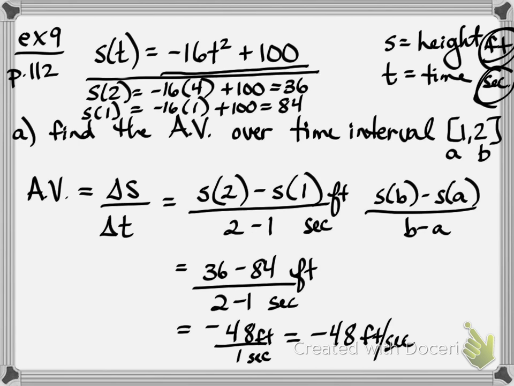What does that mean? That negative describes its movement. It's either going down or it's going to the left. Well, in this scenario, they are dropping a billiard ball, so it's dropping down. So it's going 48 feet per second down, or it's falling 48 feet per second. All right.